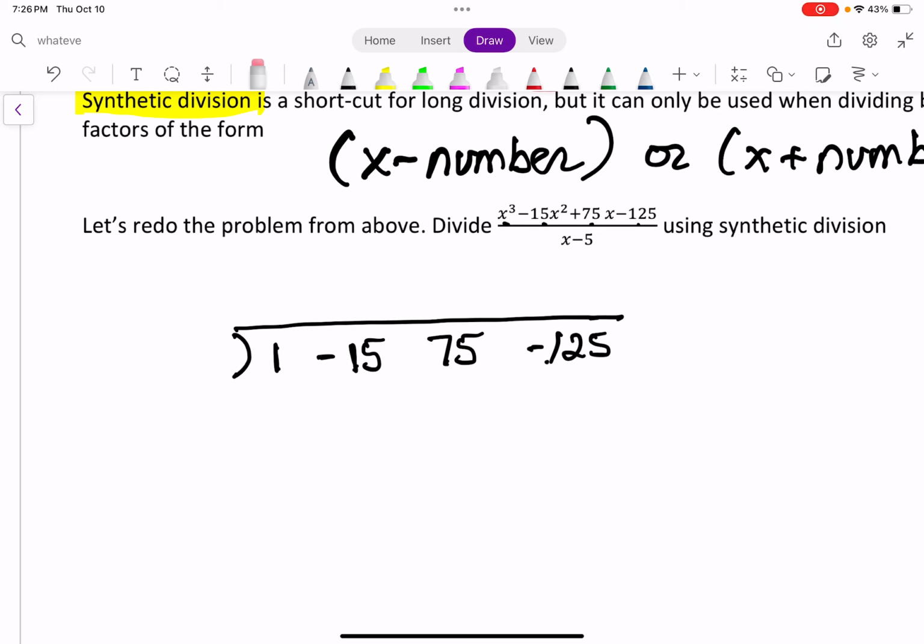All right, so for now, here it is. They're all in order, 3, 2, 1, none. And then I put the coefficients out. Here at the front, we are just going to write the number 5. So I'm not writing x minus 5 or 1 minus 5. I am going to take this number here and I'm going to change its sign.